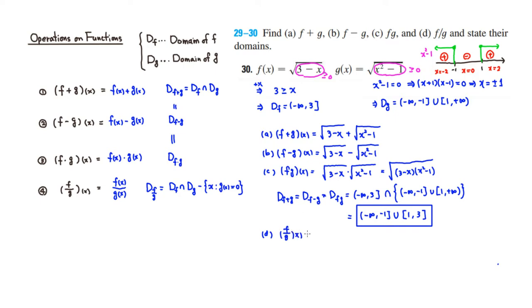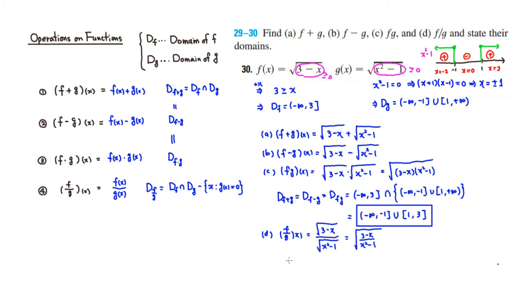So f of x is the square root of 3 minus x, and g is the square root of x squared minus 1. If you want, we can put it under the same square root. We have 3 minus x over x squared minus 1.